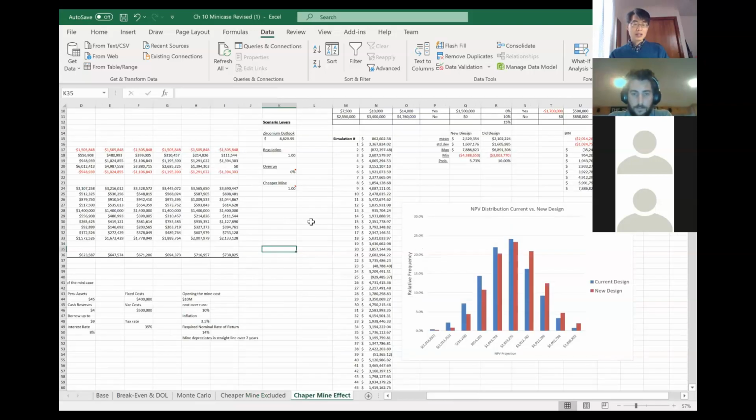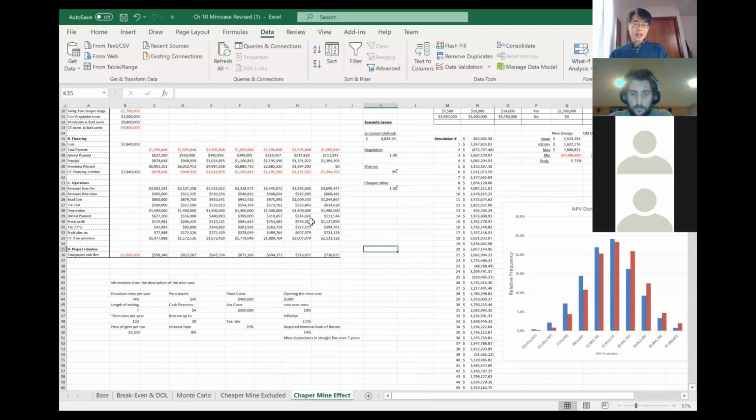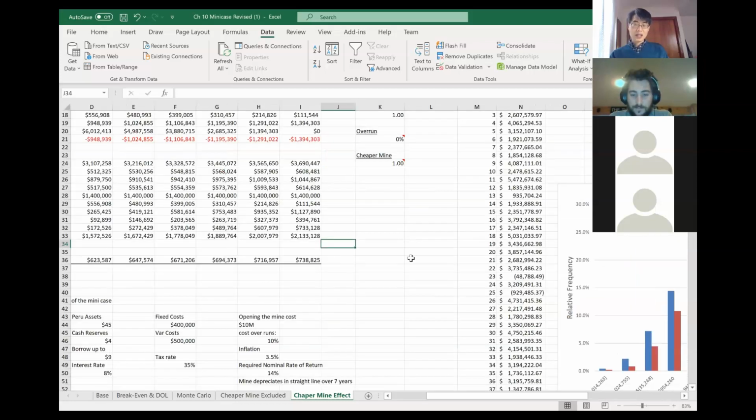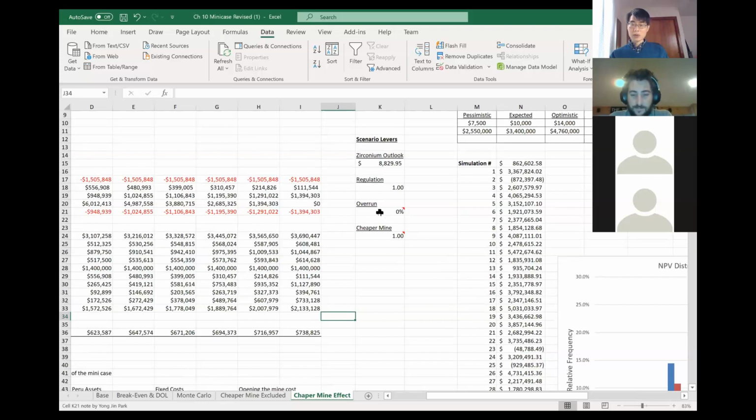Then I run the same simulation, now using cheaper mine technology. So this value is always 1. So the company will use the cheaper mine, and because of that, the initial cost is 8.7 million. Fixed cost goes up, and also because of that, now cost overrun is always 0. Okay.